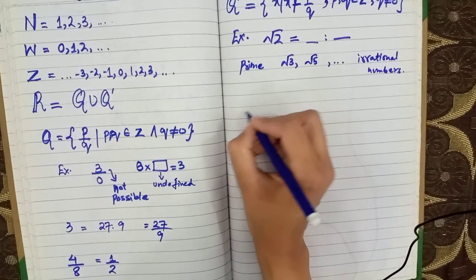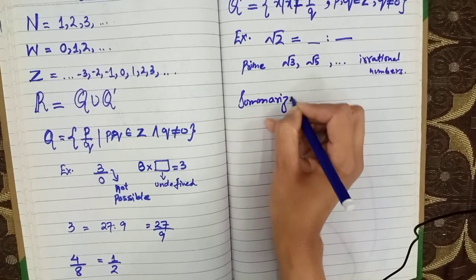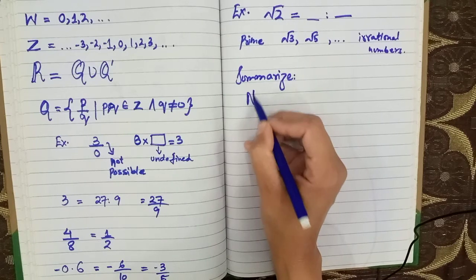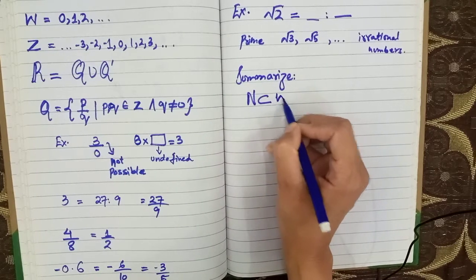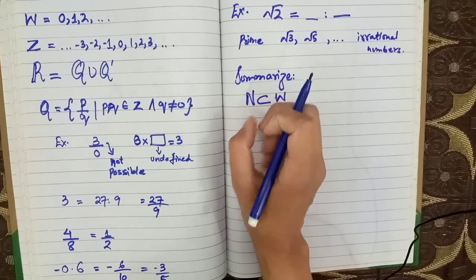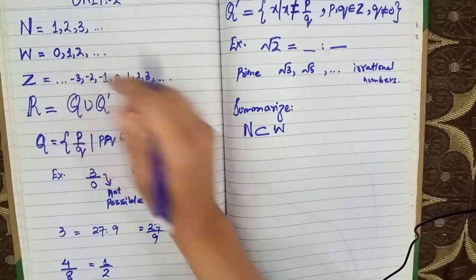Now we will summarize it. Natural numbers are a subset of whole numbers, because all of the numbers of the set of natural numbers are contained in the set of whole numbers.